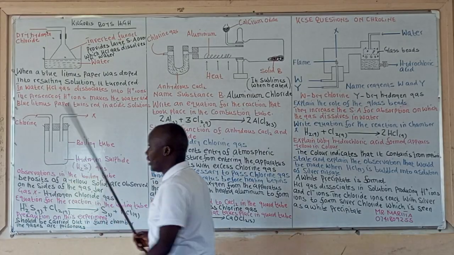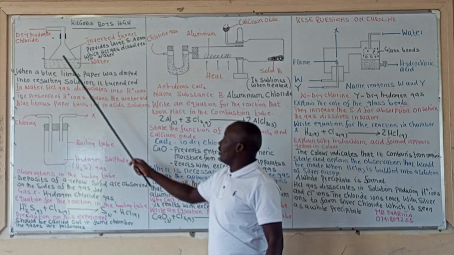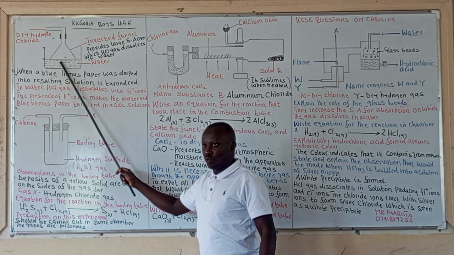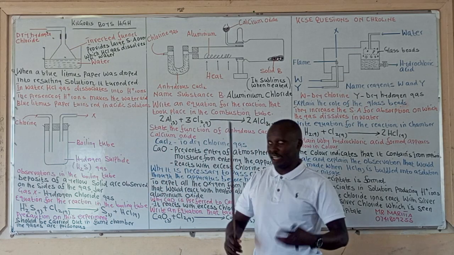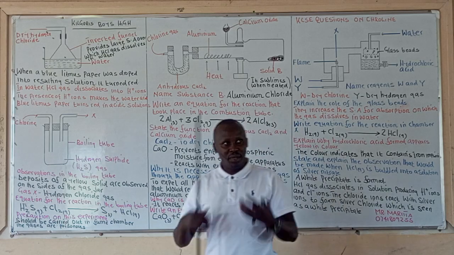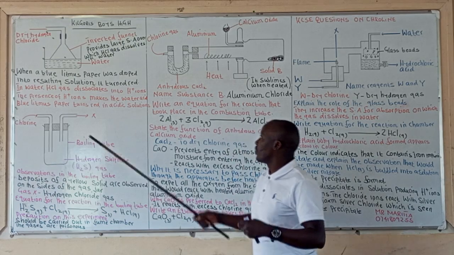In our first diagram, we have dry hydrogen chloride, and this one is passed through water under the inverted funnel. So what are some of the expected questions from this particular diagram?